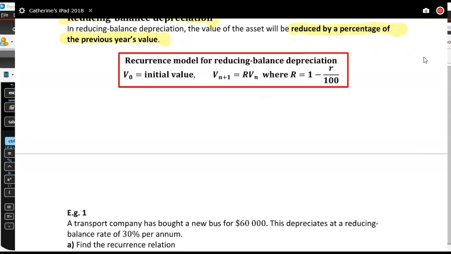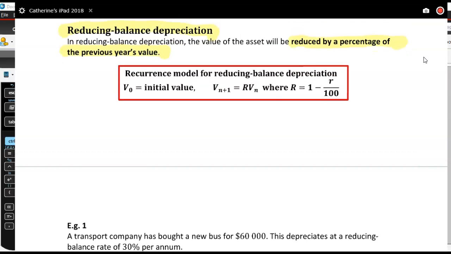So it's going to be going down by different amounts every year. So we've got our recurrence model here. We've got our initial amount and our rate. There's 1 minus. Now again, why is it 1 minus? Because we want to reduce the amount. If you times a number by less than 1, it decreases.